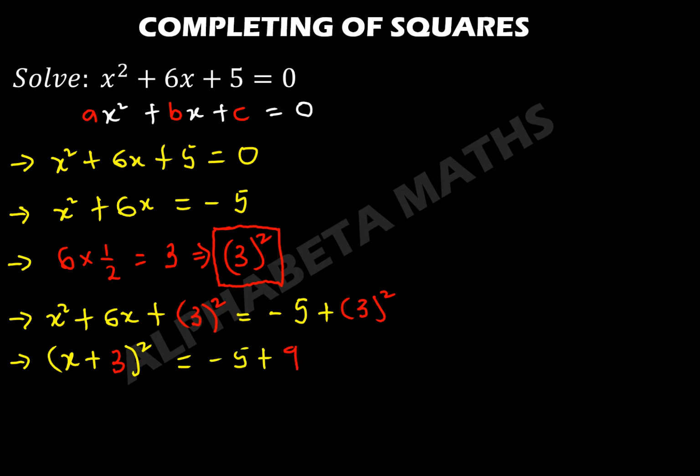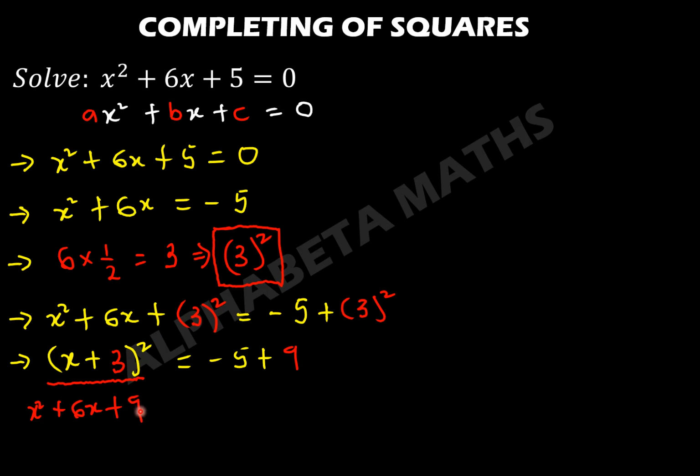So you realize that anytime you expand this equation, you are going to get this expression again. So let's do that here and see. We are trying to expand this bracket. We will get x squared plus 6x plus 9, and that is the same as this expression where we have 3 squared, which is the same as 9.